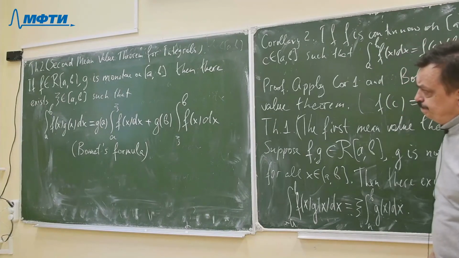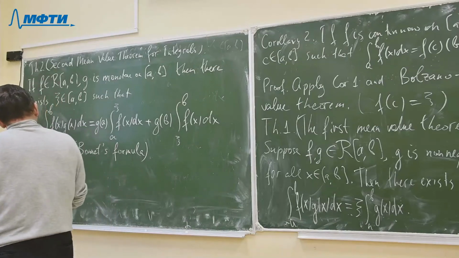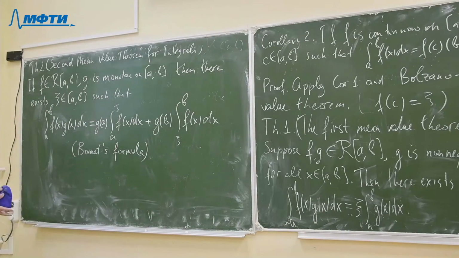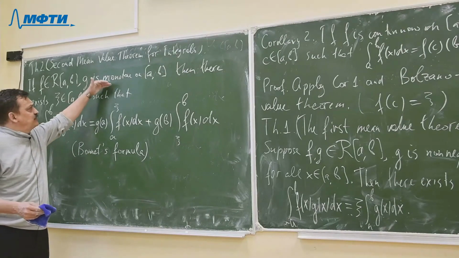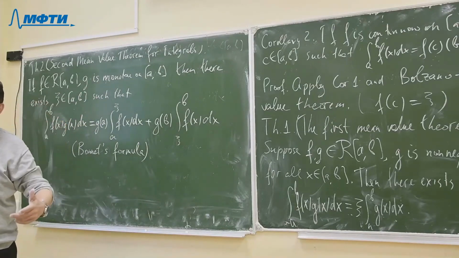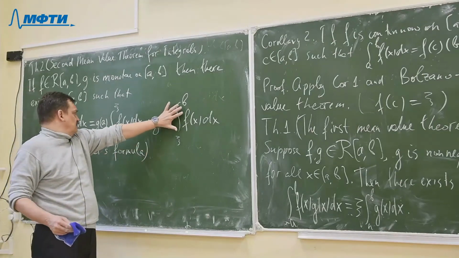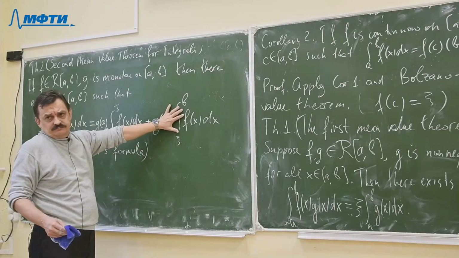In fact, one can prove some particular cases if you suppose additionally, for example, if g is non-decreasing and non-negative, then just that one is valid.